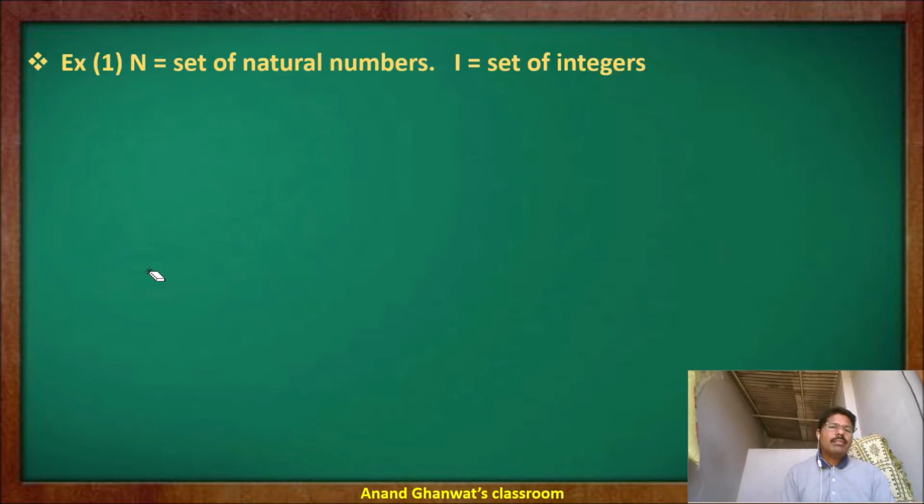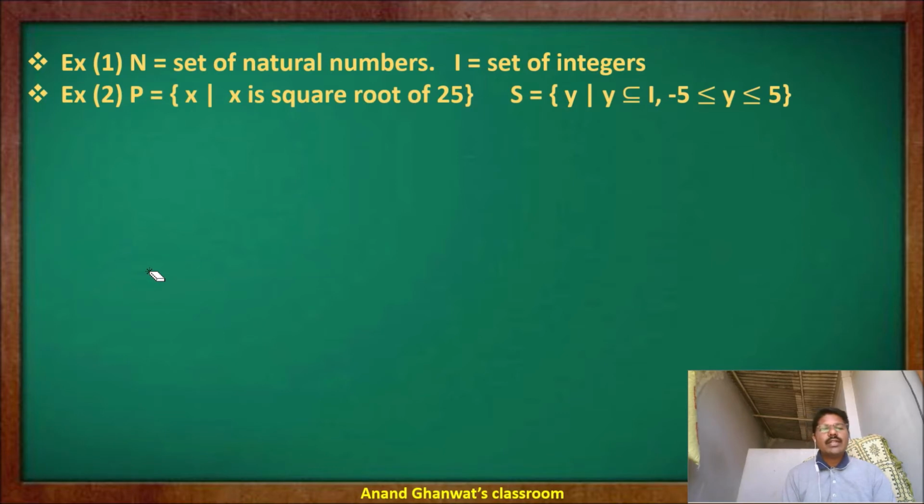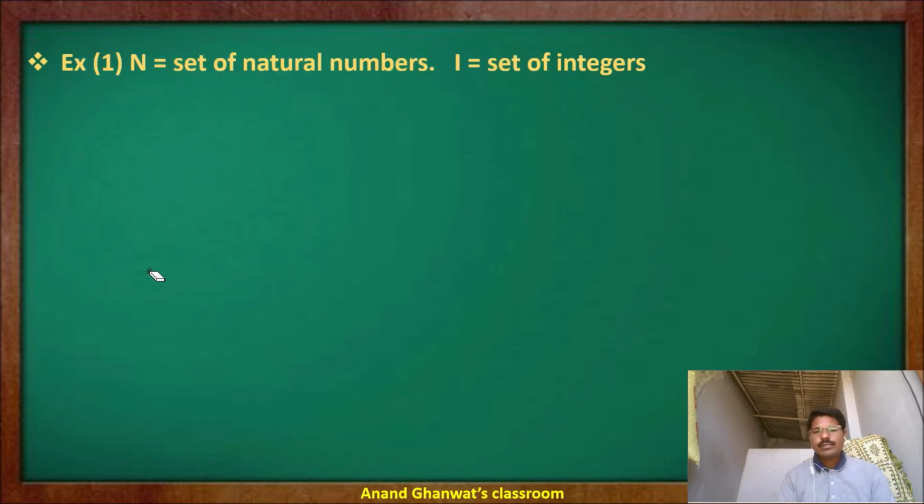Now example, let us check set and subset using the first example. N is a set of all natural numbers, that is 1, 2, 3, 4, 5, 6, 7, etc. And I is a set of integers, that is, we know that all negative numbers, 0, and all positive numbers.